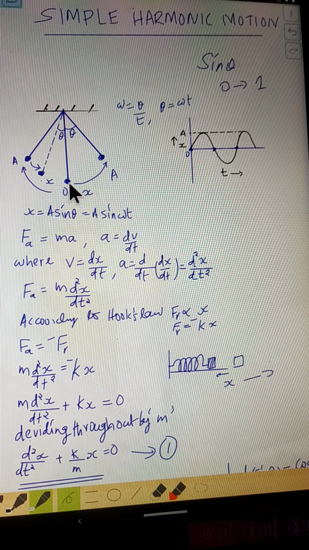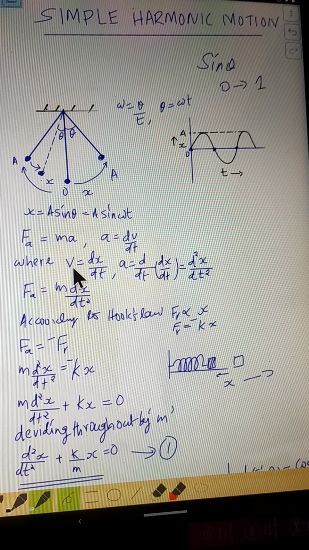Now we know we are applying a force to displace the body. So the applied force can be expressed in terms of Newton's second law. F is equal to ma, Newton's second law of motion. Acceleration is the first differential of velocity. dv is a small change in velocity, and dt is the time interval during which that change takes place.